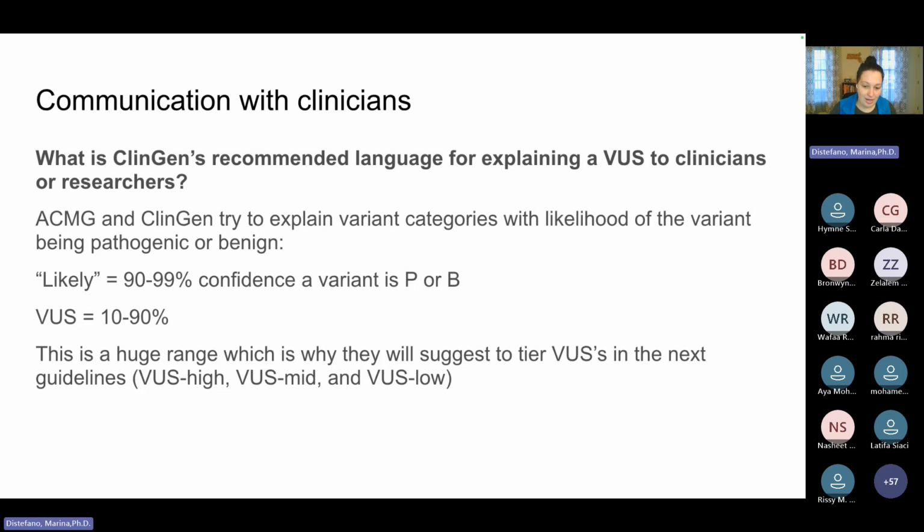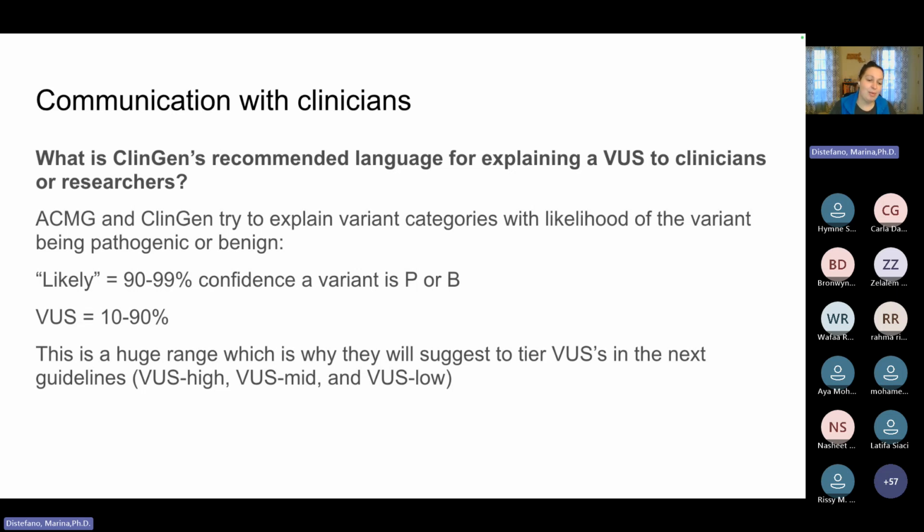And so that's why in the next set of guidelines, they're actually suggesting that laboratories tier VUSs, and they're suggesting the range of VUS high, VUS mid, and VUS low. VUS lows are really at that 10% likelihood, almost towards benign. VUS mids really, they're just stuck in the middle. There's not much evidence about them at all. And VUS highs are the ones that are quite close to being likely pathogenic.